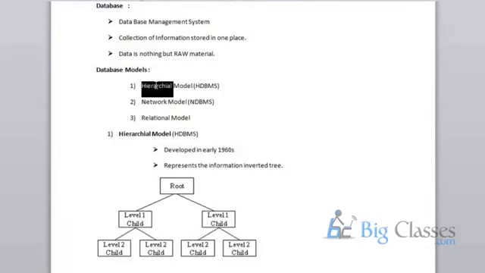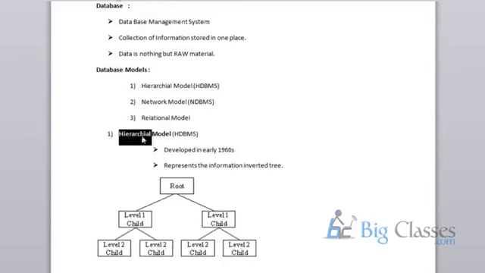Hierarchical model, we call it HDBMS, Hierarchical Database Management System. Likewise, network model, Network Database Management System. Then relational model. We are going to explore this relational model in detail. We will be using this relational model in our entire upcoming sessions.